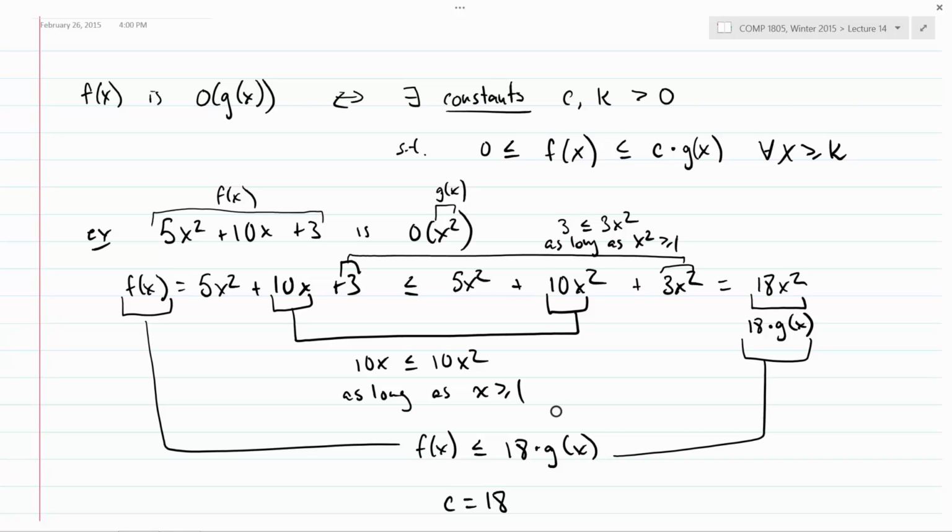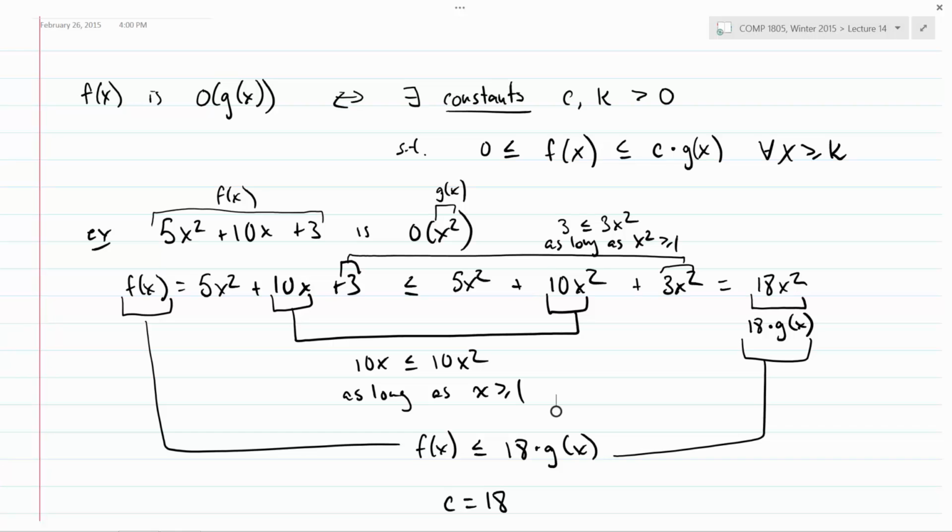So I look at all of these restrictions I have on when my inequalities are correct, and then I pick the thing that's most restrictive. So the biggest of the restrictions, because in this case it's all x has to be at least this, at least this, at least this. So I pick the biggest one, and that's my value of k. Because I know all of my inequalities are valid as long as x is the biggest restriction in this case. Does that make sense?